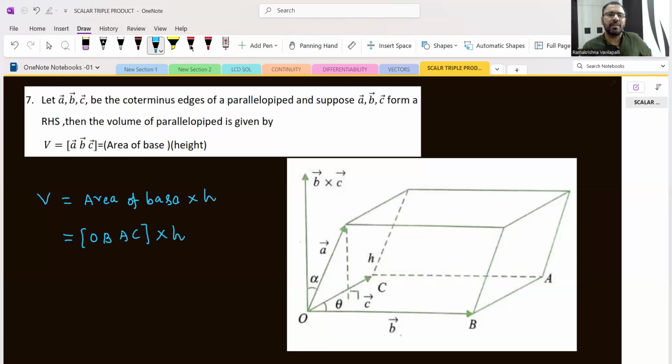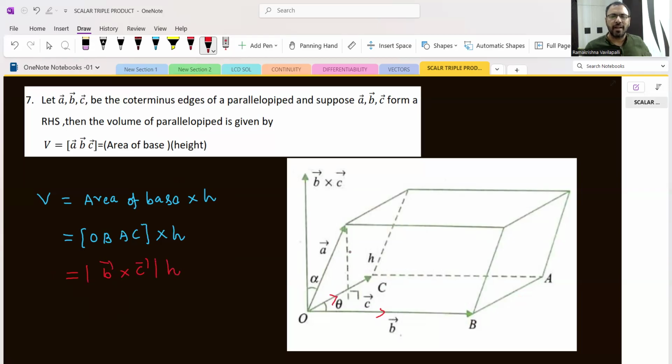So here you observe that the base is a parallelogram. Then what is the area of this parallelogram whose adjacent sides are given? What are the adjacent sides? That is B bar and C bar. So the modulus of B bar cross C bar is the area of the parallelogram whose adjacent sides lie along B bar and C bar. This is the B bar vector and this is the C bar vector.